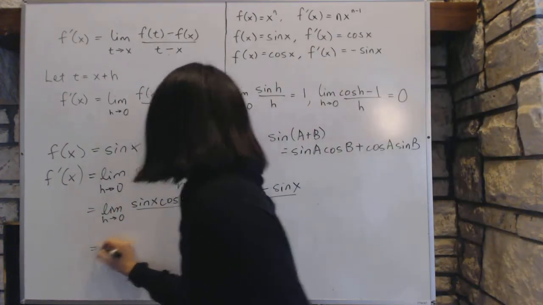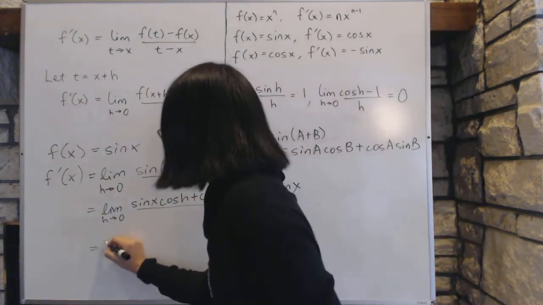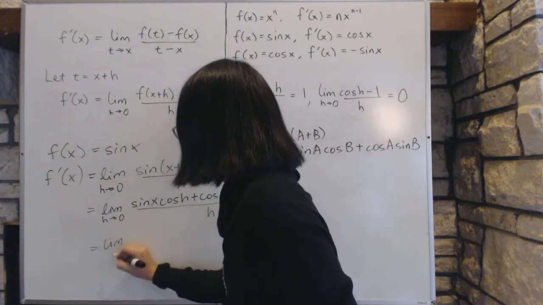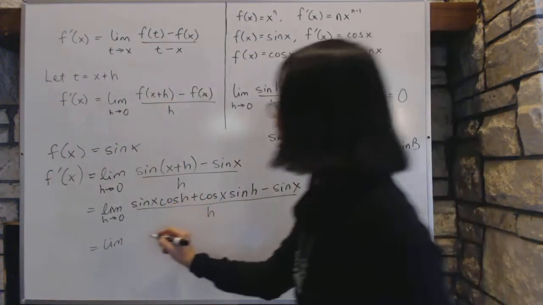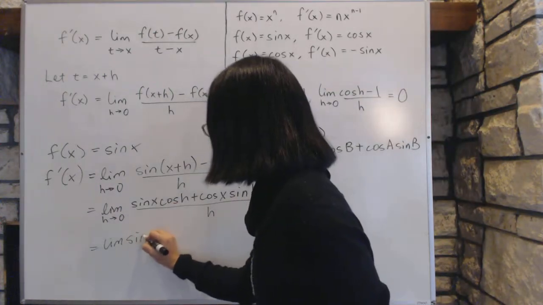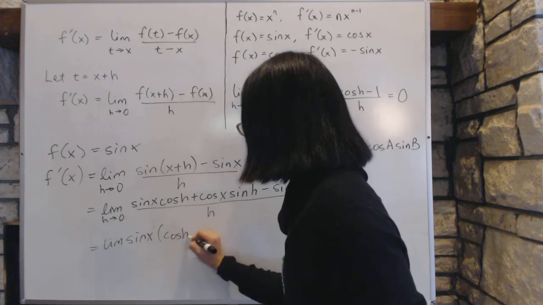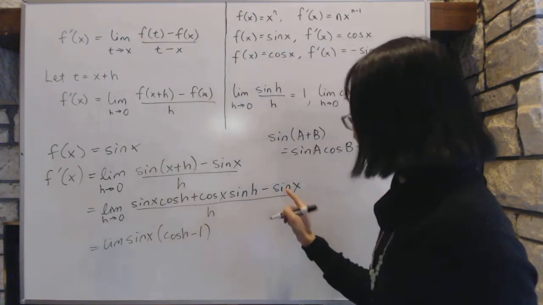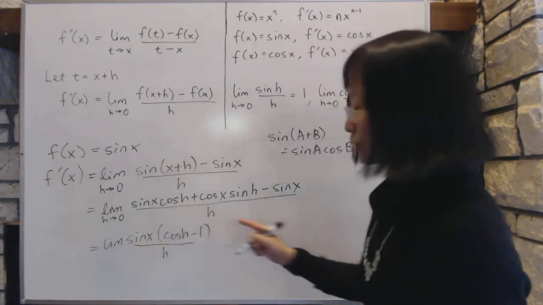We'll combine these first two terms. That will be equal to the limit as h goes to 0. Combining these two terms, we have sine x times cosine h minus 1, that's the 1 here, divided by h.